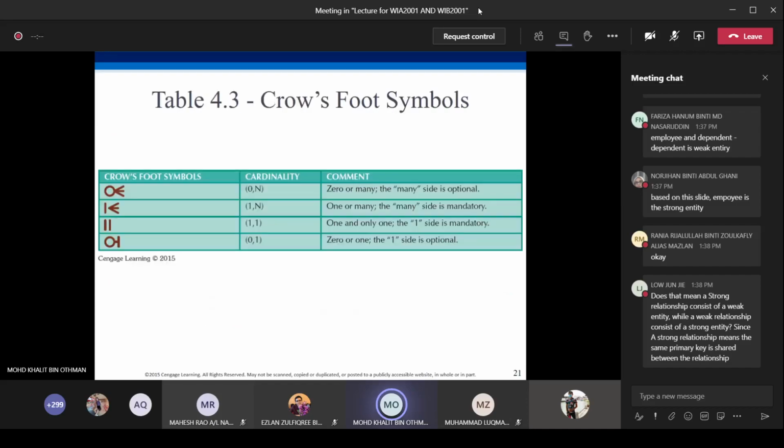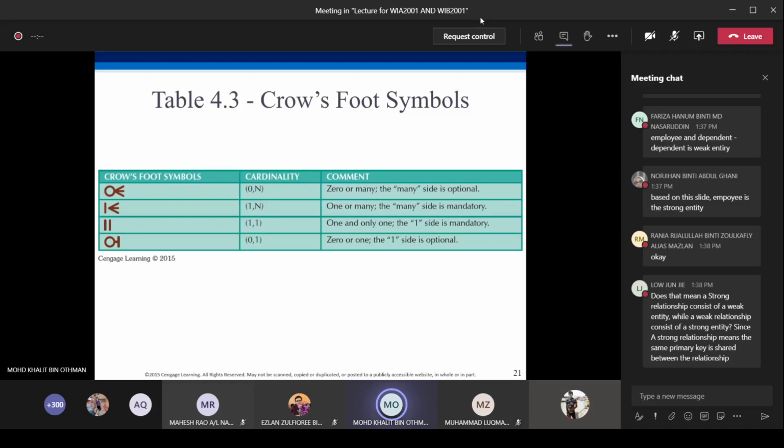Okay. These are the Crowfoot symbols, table 4.3. These are the symbols that will be used in the Crowfoot model of the ER diagram.